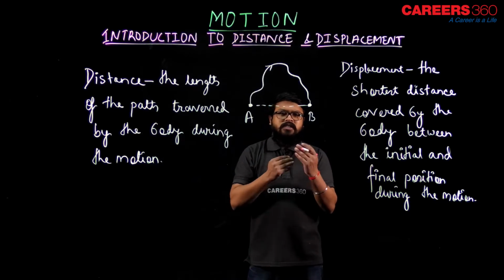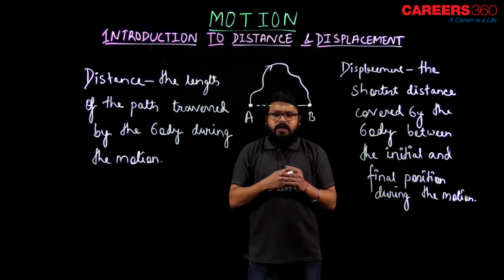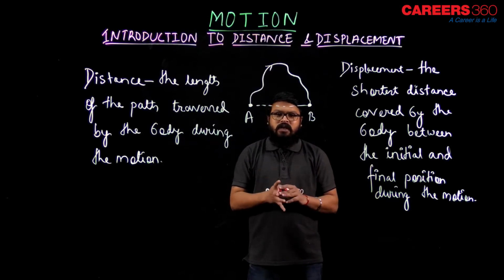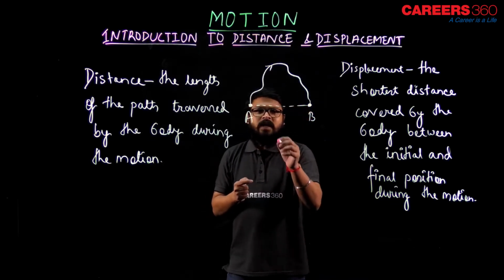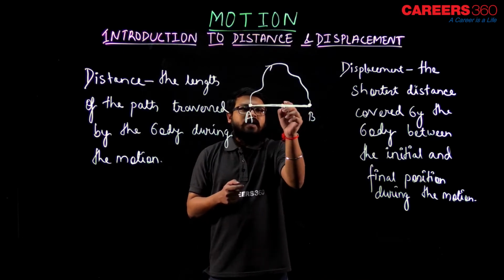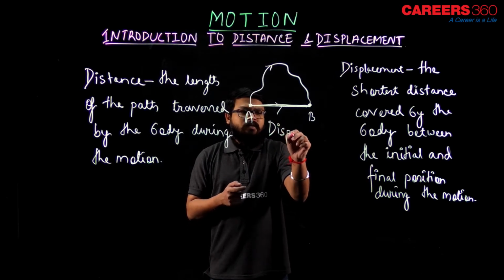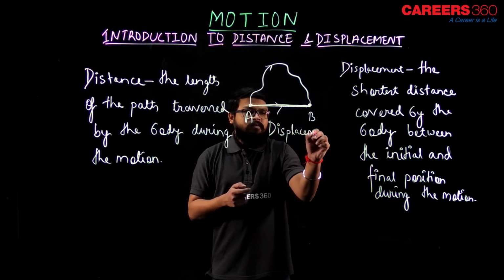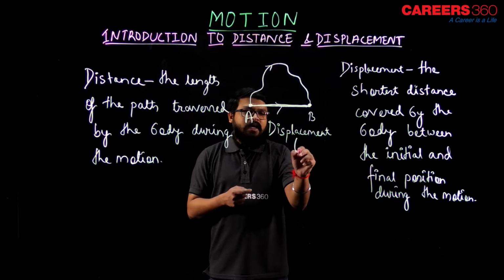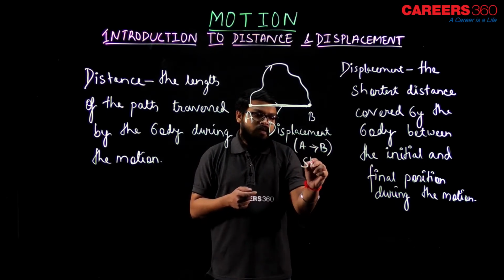So, distance is nothing but the length of the path traversed by the body during the motion, and displacement is the shortest distance covered by the body between the initial and final position during the motion. As you can see over here, A to B, this one over here is the displacement, that is A to B, the shortest distance.